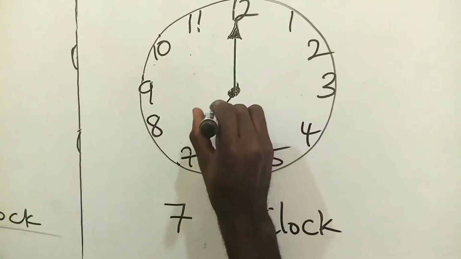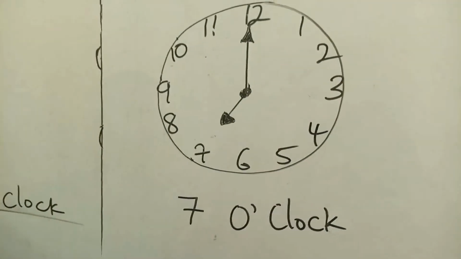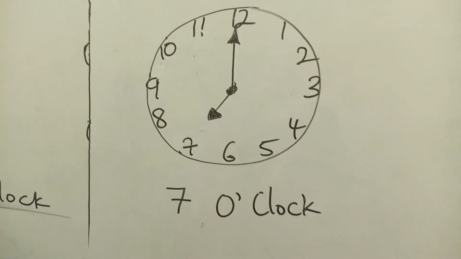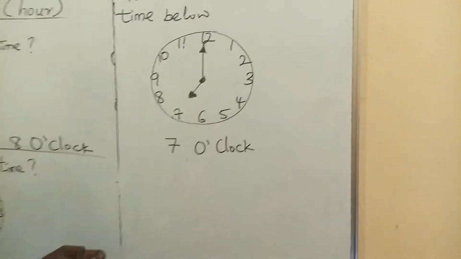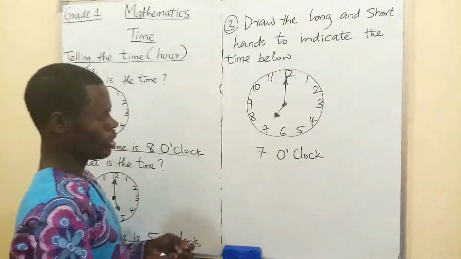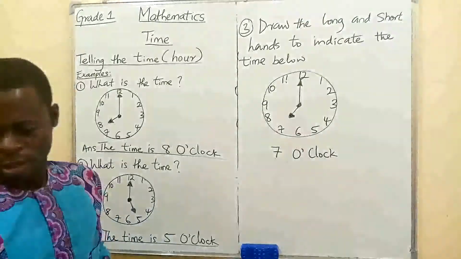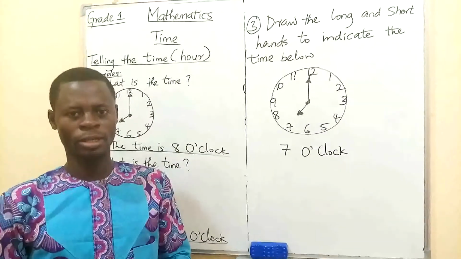The long hand is always longer than the short hand. Alright? That is it. 7 o'clock. Alright? With this, we are going to come to the end of this class.